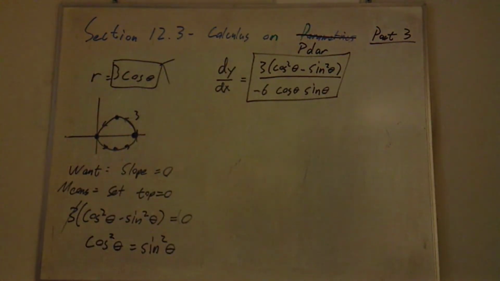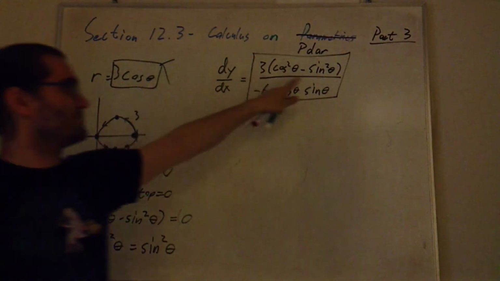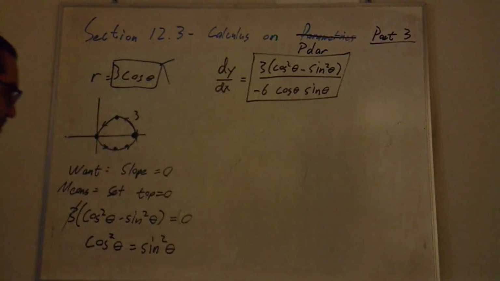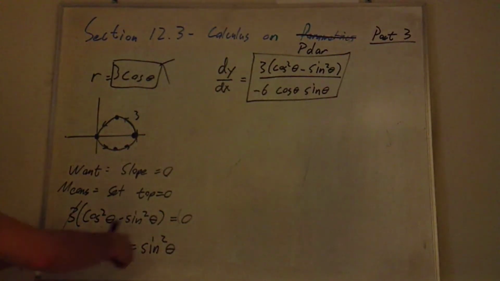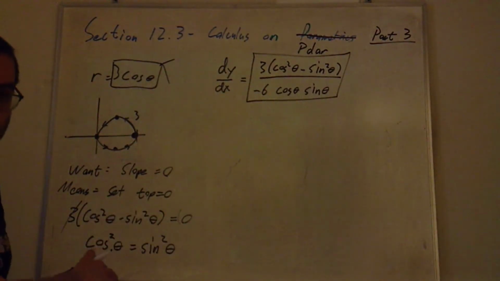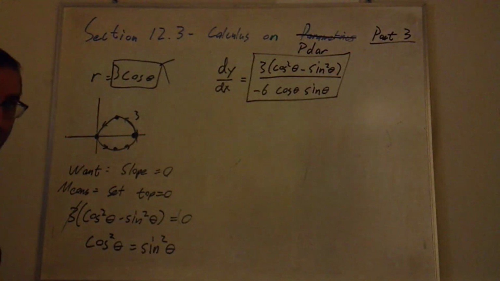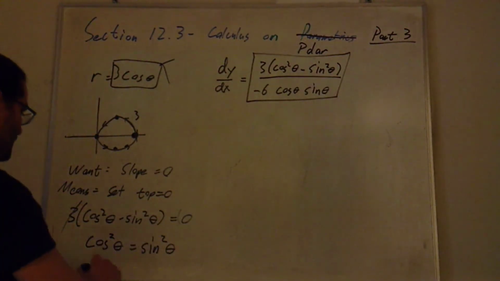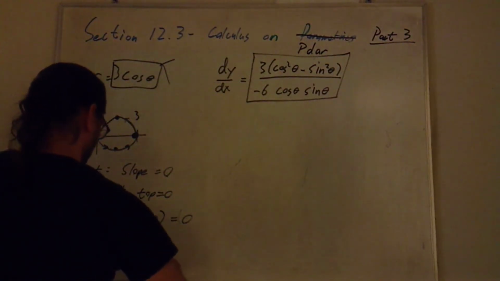This equation will give me all of the theta values that make the top of this equal 0. If these two things are equal, then subtracting them gives you 0. And this happens when, you have to be really careful with this. This is super sneaky. We can take the square root of both sides, but we have to remember the plus and minus.